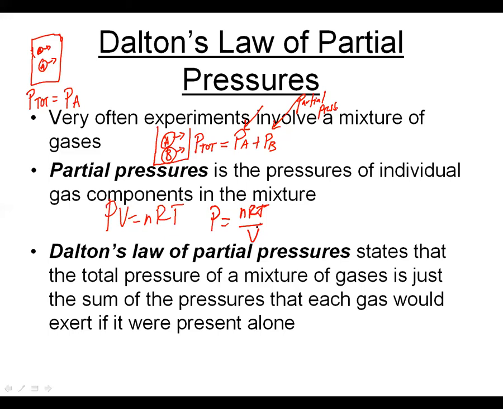Now, the good news is that since they are in the same container, a couple of things are the same for every gas in there, whether 2 gases or 3 gases. Because they're flying around in the same container, the volume is the same for everybody, and so is the temperature. So the volume and temperature are the same for each gas. That means in most cases, when you do a partial pressure problem, the only thing you really need to figure out is the number of moles of each gas.